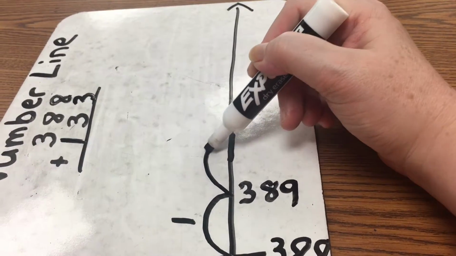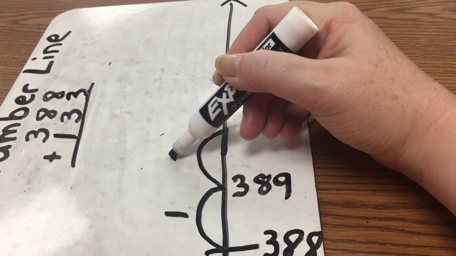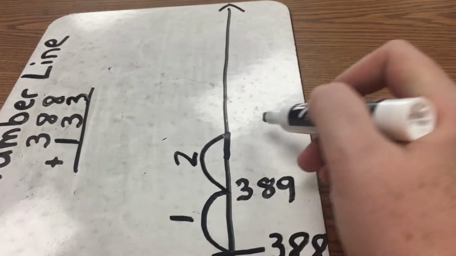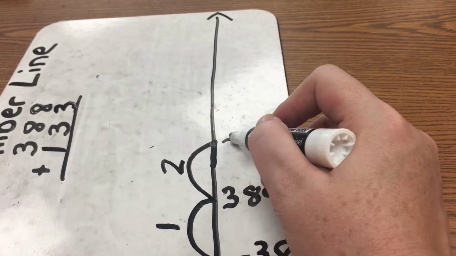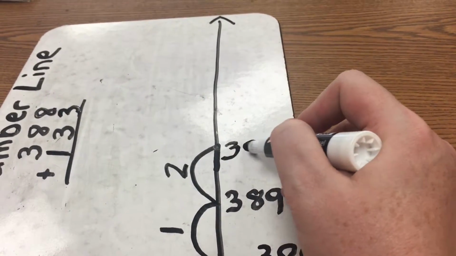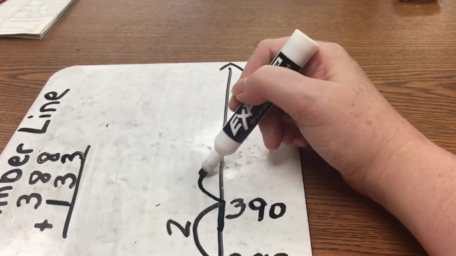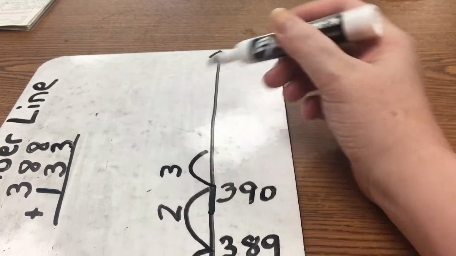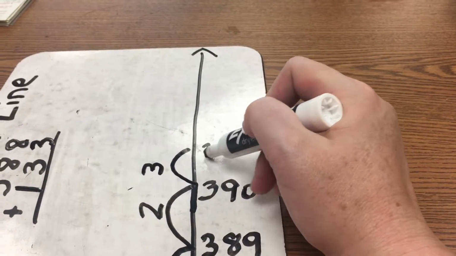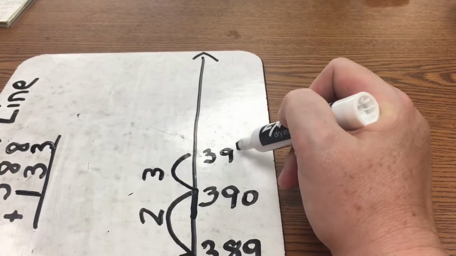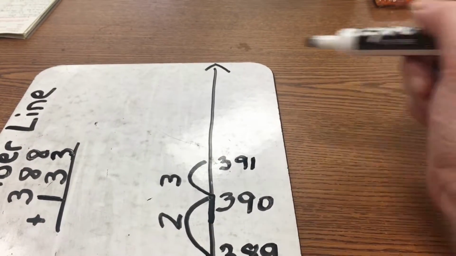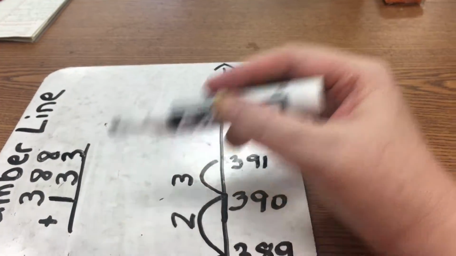Then the second one, 2. 393. 391. Then I'm going to add my 3 tens.